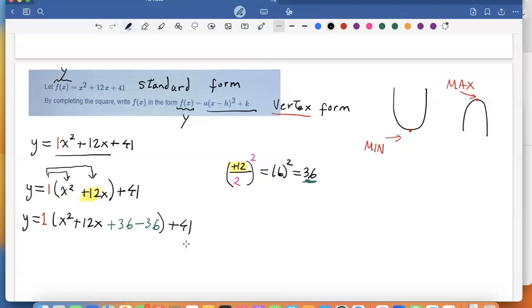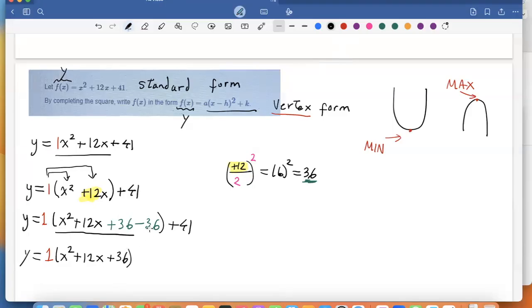There we go. So I factored the 1 from the x squared and the 12x, and then I added and subtracted 36. Next, we keep these three terms in the brackets. So I do y equals 1. I keep those three terms, x squared plus 12x plus 36.